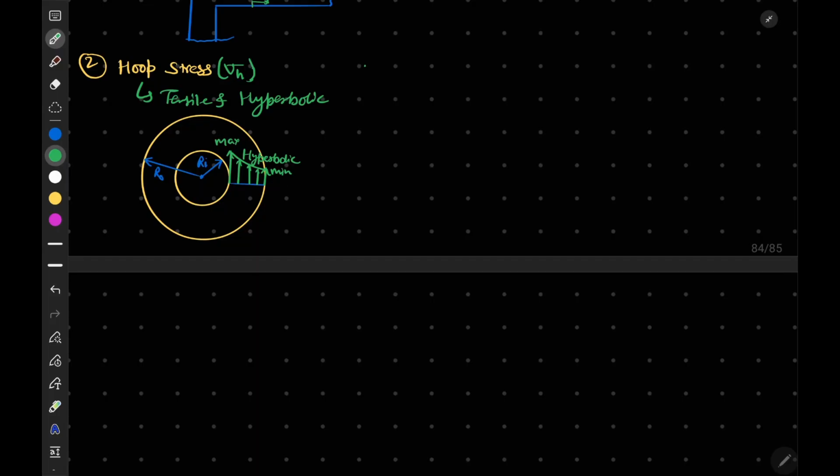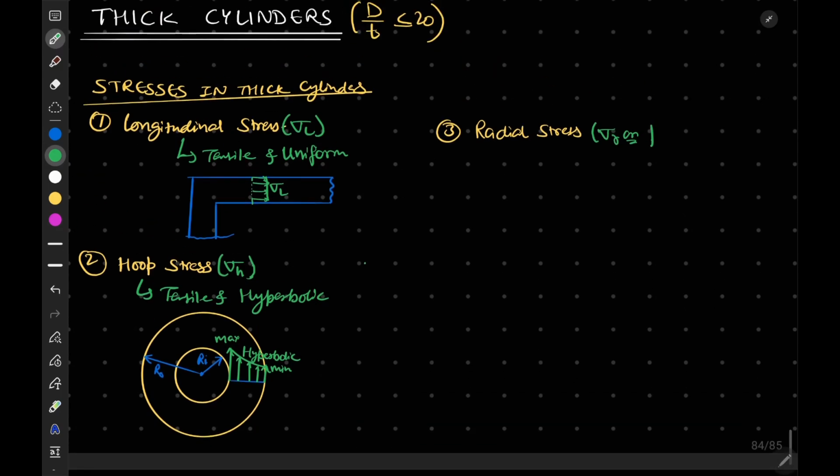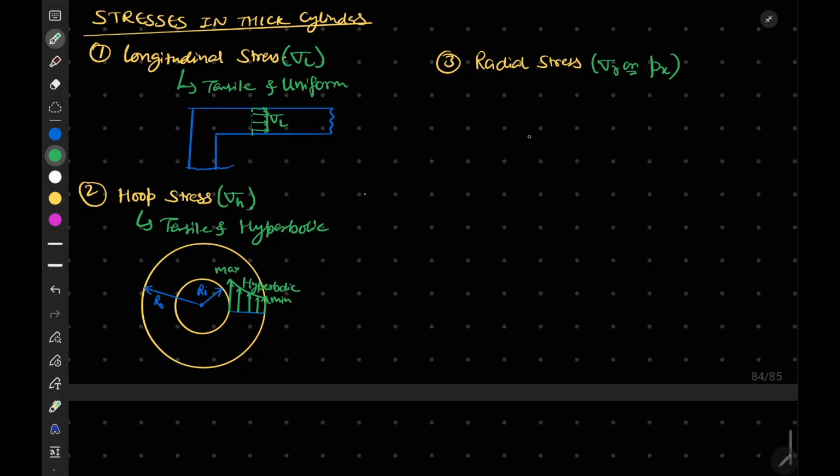Now the third type of stress is your radial stress. It is shown by either sigma R or px.